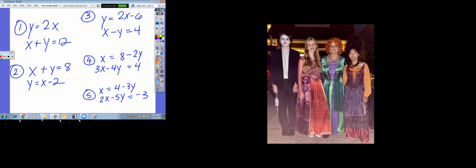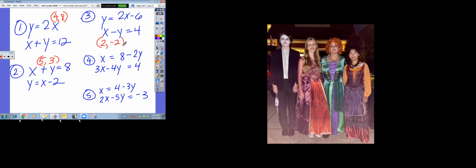All right, number 1. The answer to number 1 should have been 4, 8. The answer to number 2 was 5, 3. And that's exactly how I would want you to type it in, with no spaces or anything, but with parentheses as an ordered pair. The x number first, comma, y number, close parentheses. Number 3.